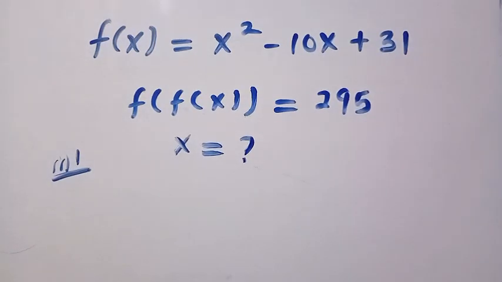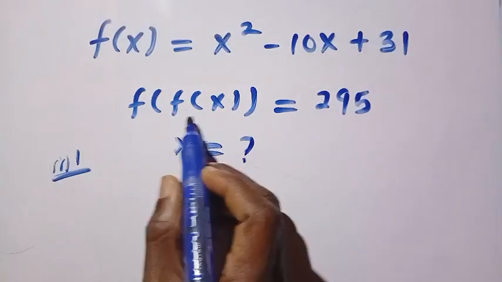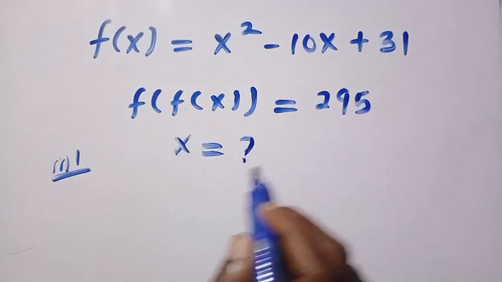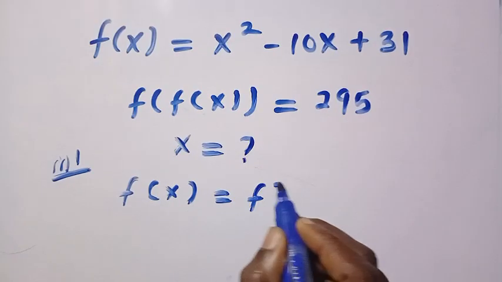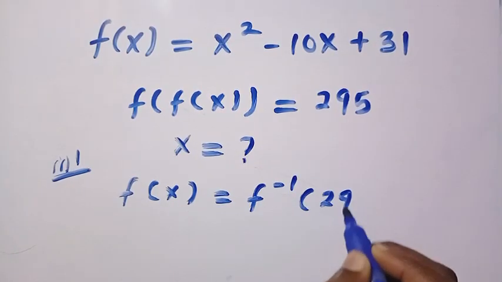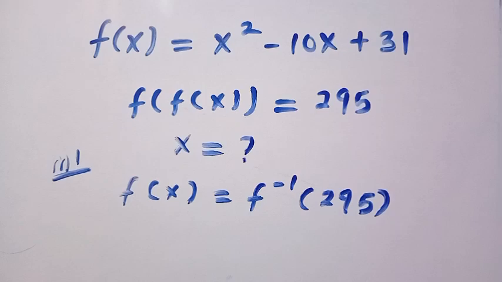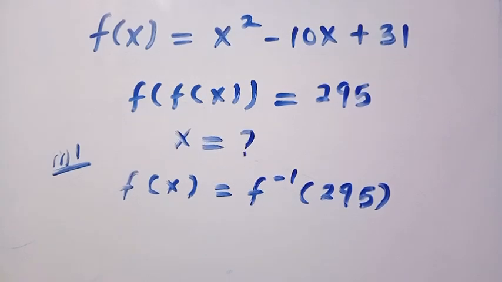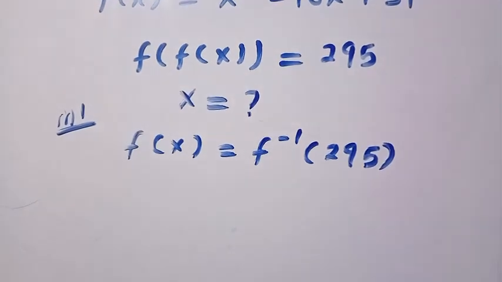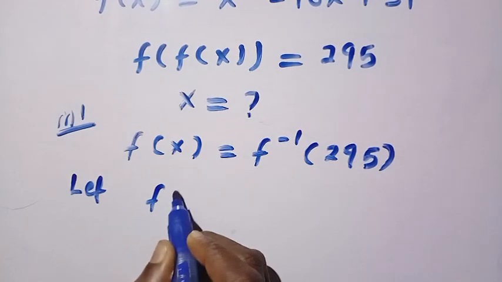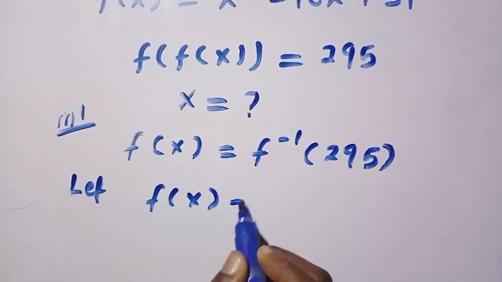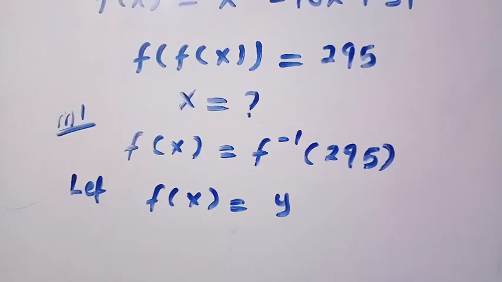Suppose from what we have at this side, if I take the inverse of this, we are going to have f of x equals f inverse of 295. After taking the inverse, if I come down here, I just say let f of x be equal to y.